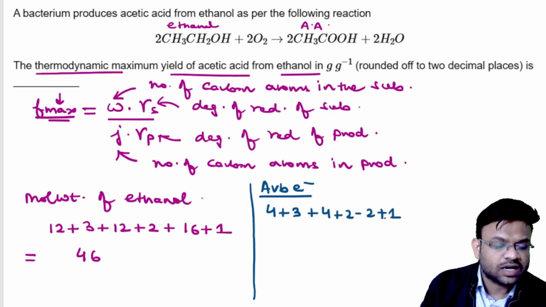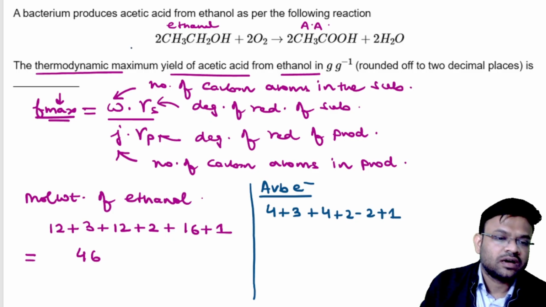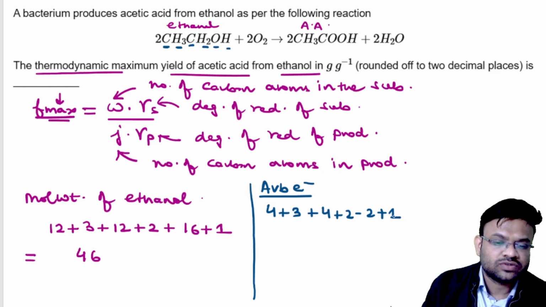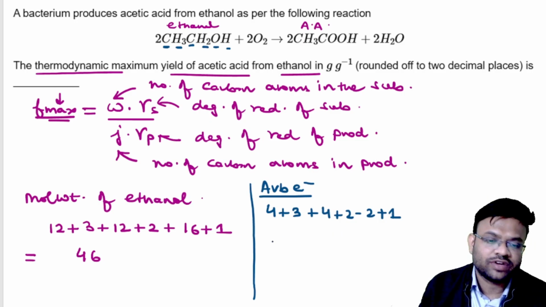This is how the available electrons can be calculated. Carbon has 4 valency, so I write 4, hydrogen as 1 each, so it will be 3, again carbon as 4, again there are 2 hydrogens, so 2 I'll write, oxygen is -2, so I've written -2, and hydrogen again has 1, so I've written +1. So this is the way in which I can calculate the available electrons.